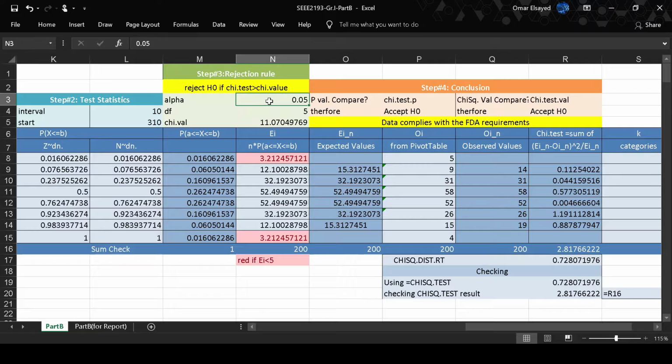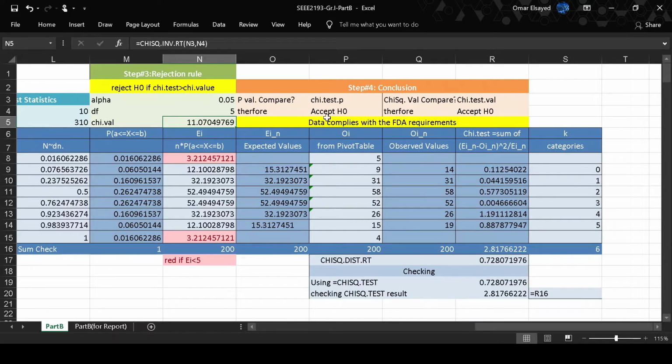So we specified the confidence of 5%, which results in 11.0705. And we compare. So we have two ways of comparing. We either compare by the p-value, aka the probability, or the chi-squared value, the value associated with the distribution.